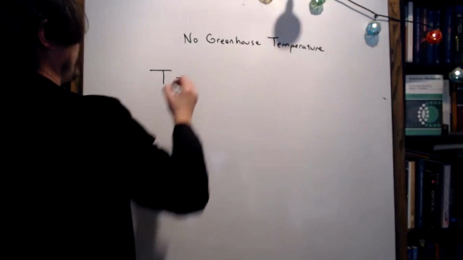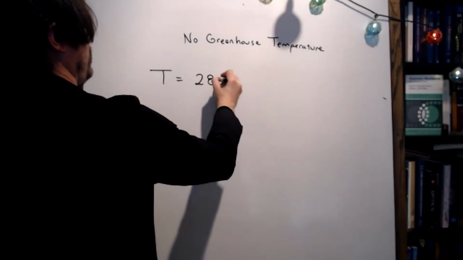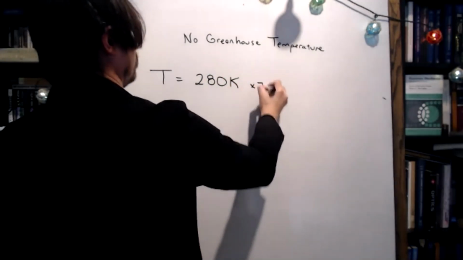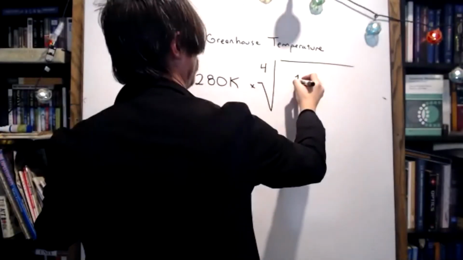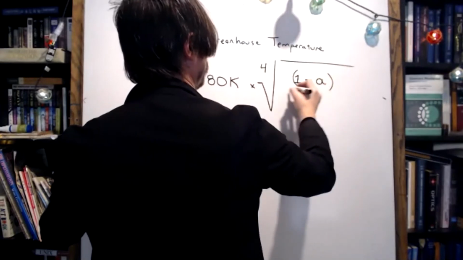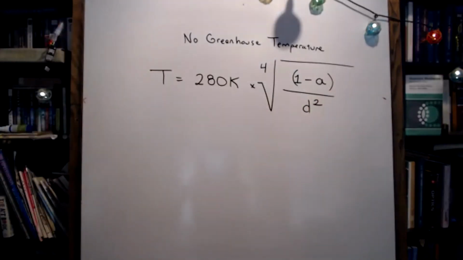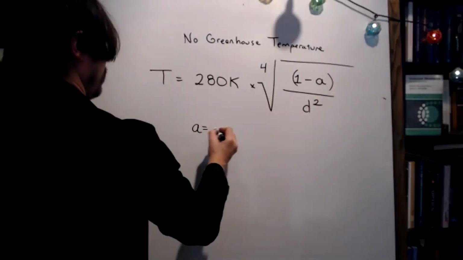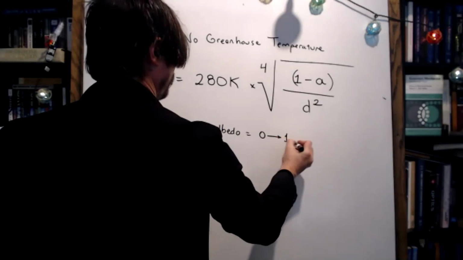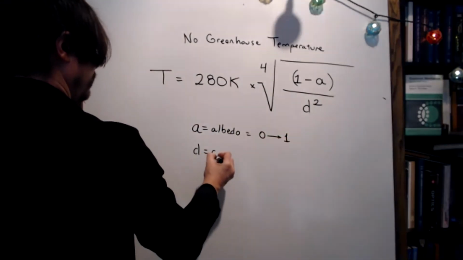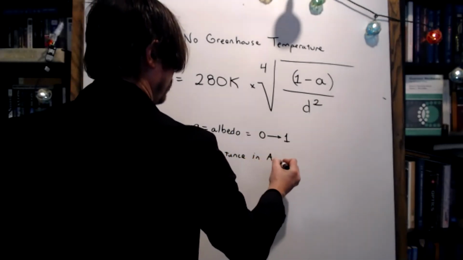It tells us that the temperature of the surface of my planet will be a reference temperature of 280 Kelvin times the fourth root of 1 minus the albedo, divided by the distance in astronomical units squared. A is the albedo, which can be anywhere from 0 to 1. And D is the distance to your planet from the sun in astronomical units.